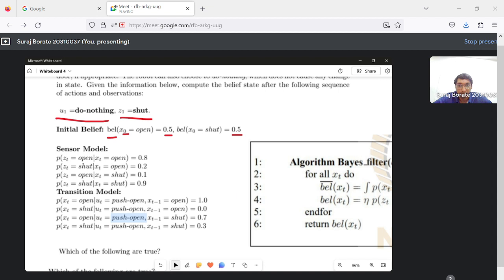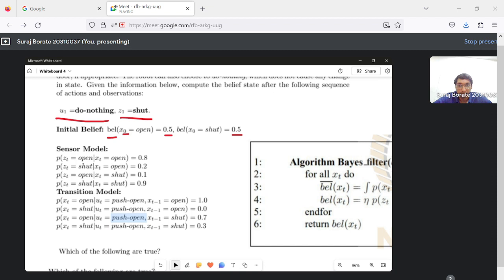This is the formula. Now what values do we have? x1 equal to open when the initial state is also open and we have done nothing. With what probability? This has to be 1, because it is given that if you don't do anything, the state remains the same. So this is probability 1.